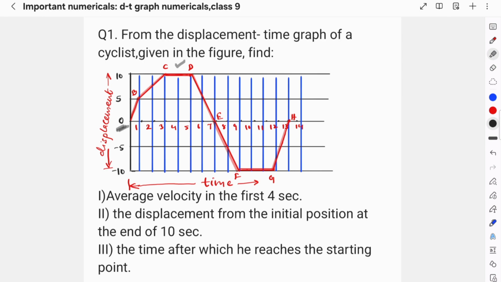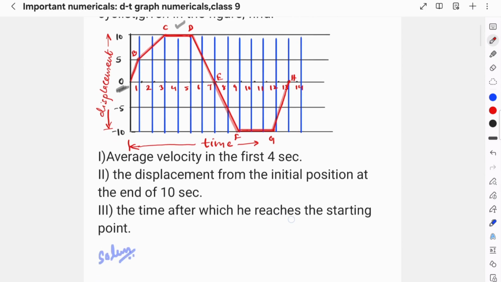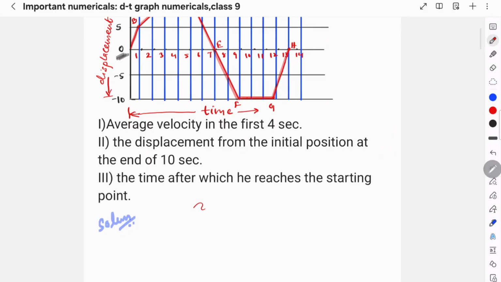So basically he has traveled 10 meters in 4 seconds, and then he is at rest, because see, the distance is not increasing and the time is increasing. So average velocity will be total displacement by the total time.